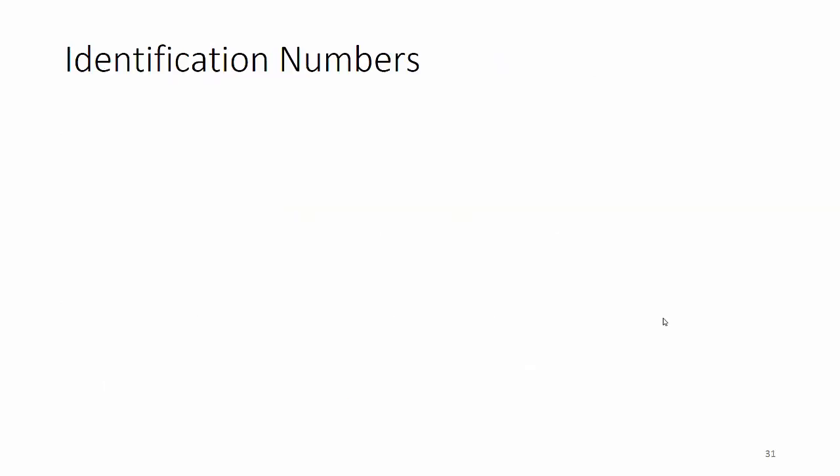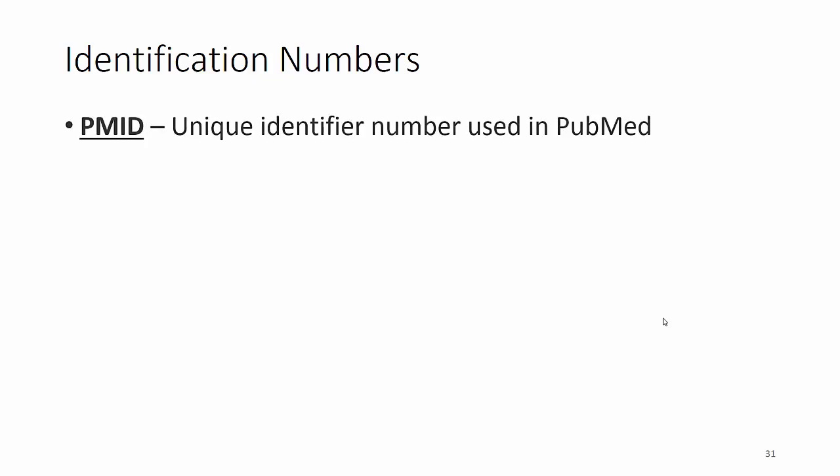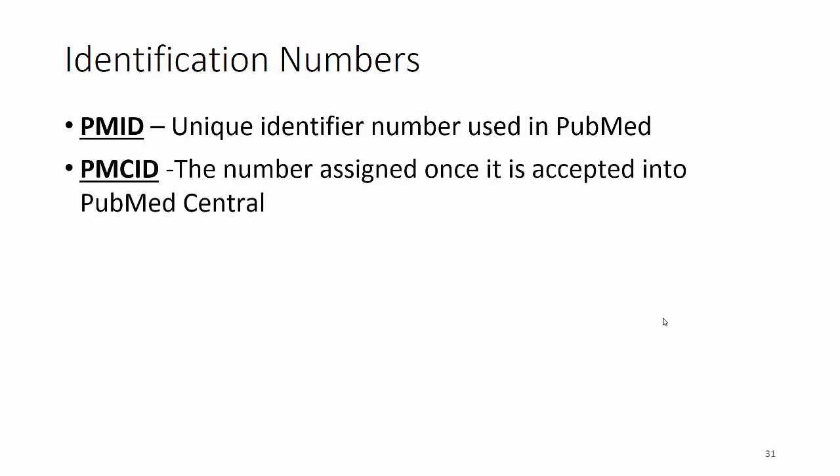Just a couple of quick comments about identification numbers, because you may have heard of PMID, PubMed ID, and there's a PMC ID. So what's the difference? PMID is the unique number assigned to PubMed items, and again, PubMed is the database. It's just the citation information that gets put into PubMed.